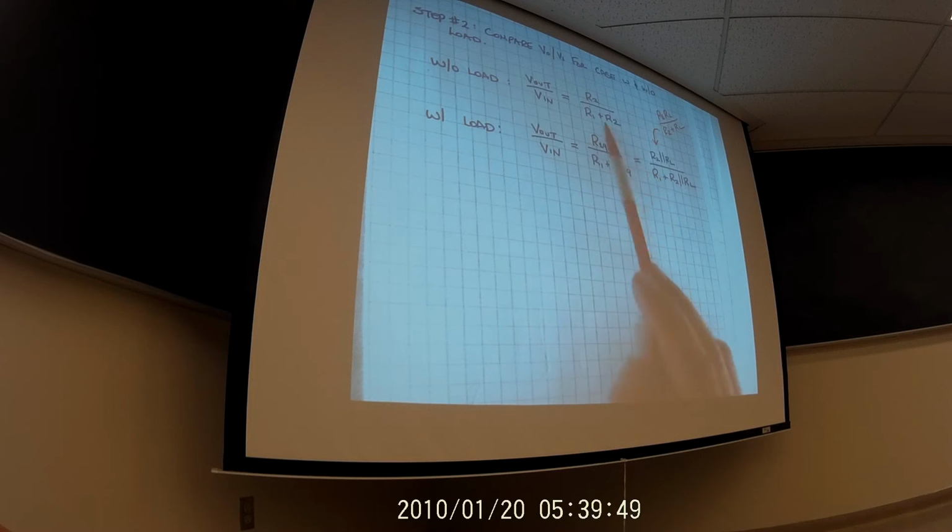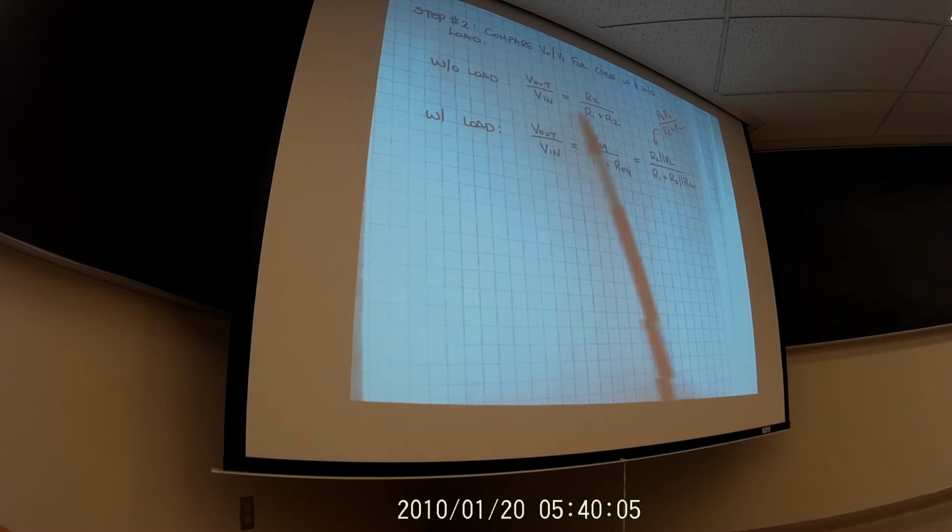But let's take a look at the more interesting question, which is when can we ignore RL? Because our goal is to come up with a rule, one that says we can use this expression right here, even when we have a load, as long as the load is something. All right? And we're going to set a requirement or a threshold for that.